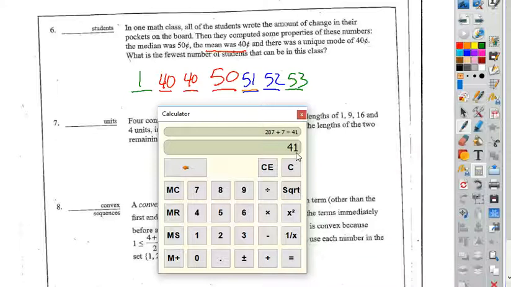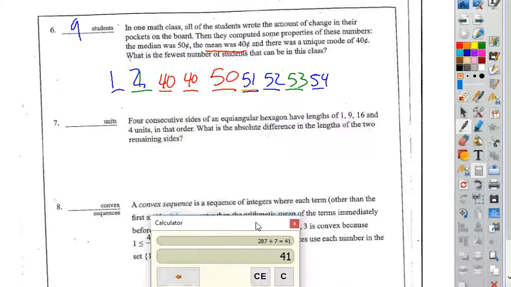That means there's no way possible with 7 numbers to get a mean of 40, which means I have to add more numbers, and I can guarantee you if I add these numbers, I can get a mean that's smaller than 40, which means these aren't the actual numbers, but I know that I can do it with 9 total students.